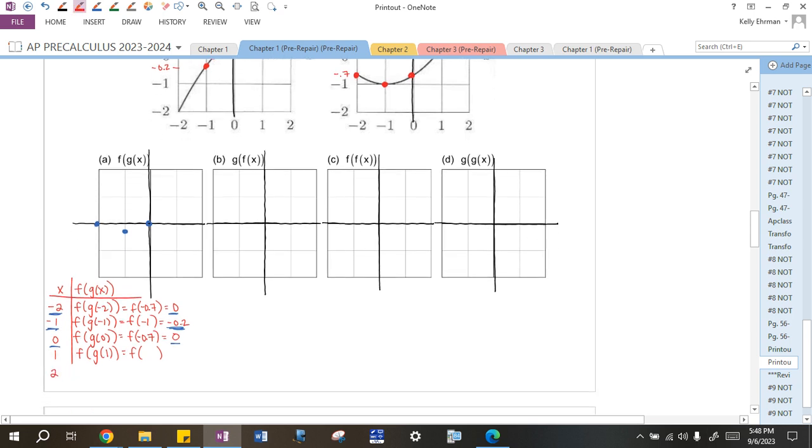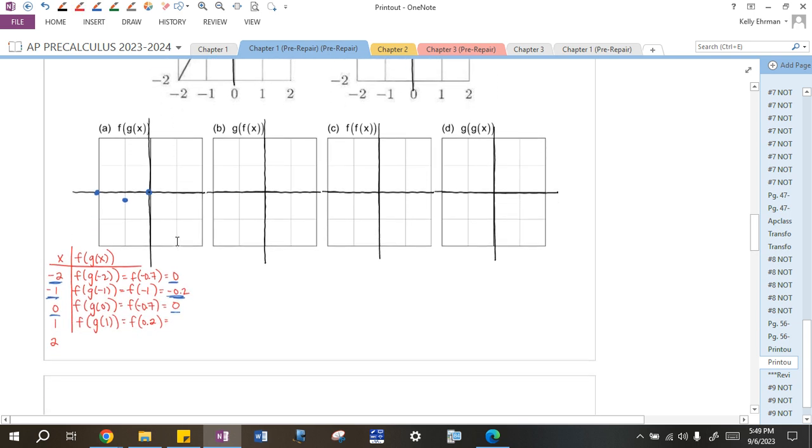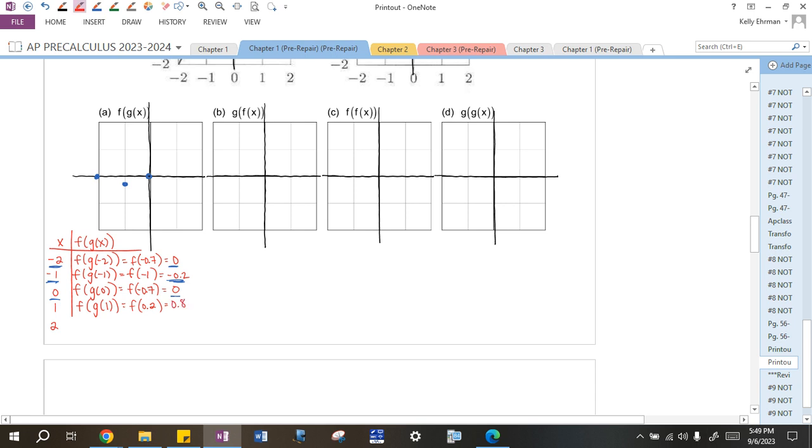Does it matter, 0.3 versus 0.2? Not really. All right, and then what's f of 0.2? So go to positive 0.2 and see where you hit the graph. Maybe that's 0.8. Okay, so I'm going to call that 0.8. So I can plot the point 1, 0.8.